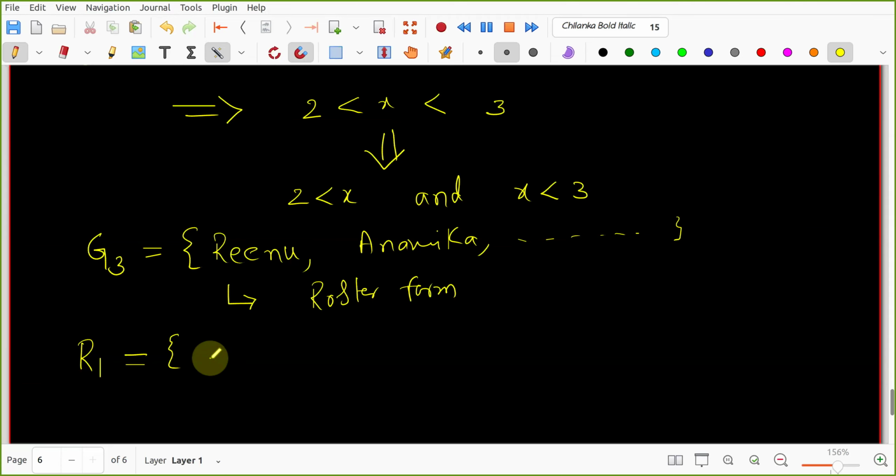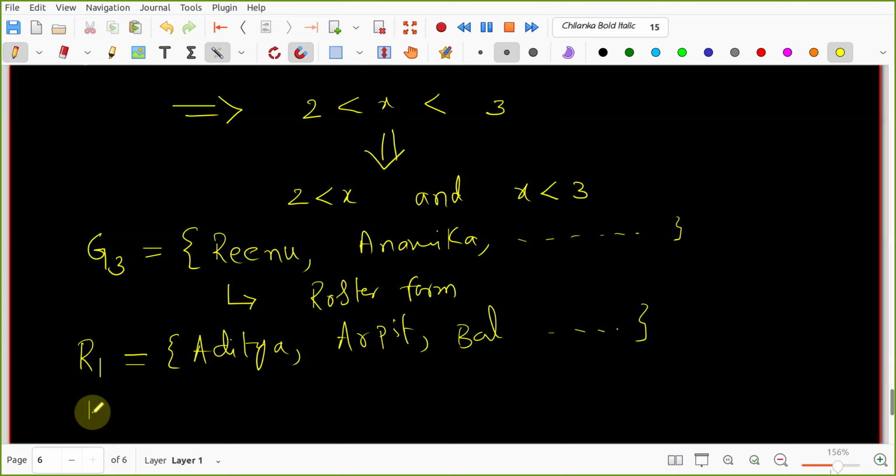Aditya. Good. Next. Arpit. Next. Baljinder Kaur. Okay, sorry, I'm stopping. So you can write all the names, right? This is also roster form.